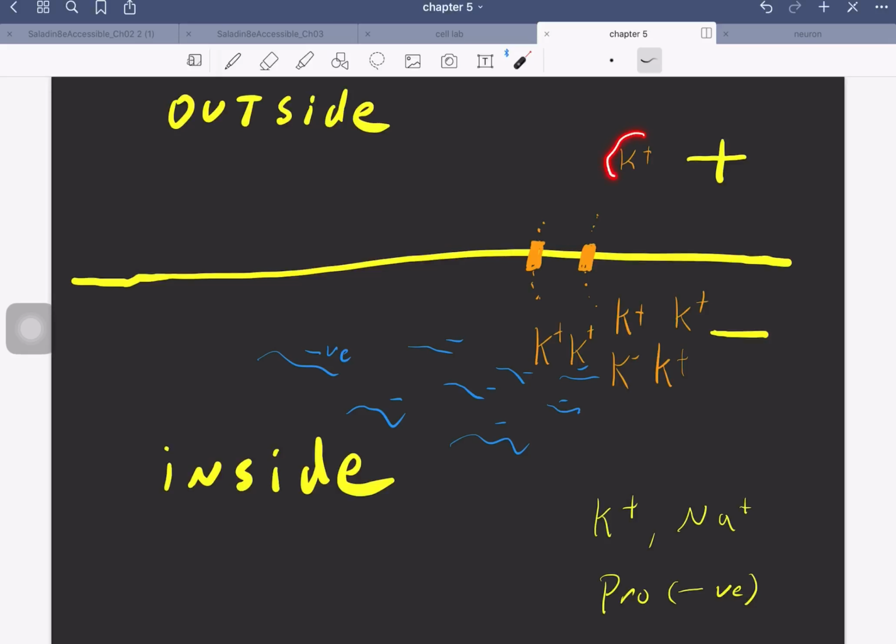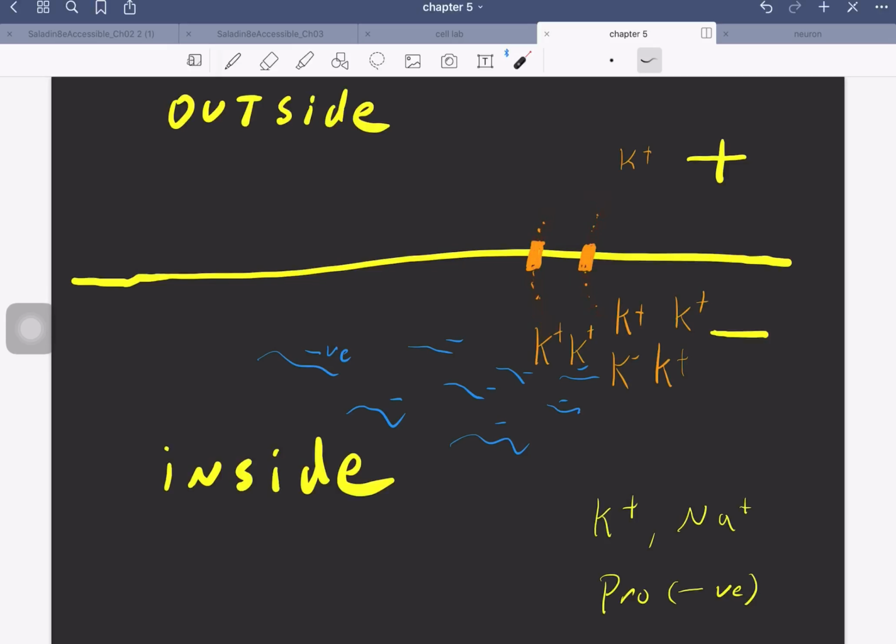So there'll be that pull of a positive being pulled towards a negative, and that will help to draw it back in. And these are just some of the forces, I should say, that are acting on potassium.